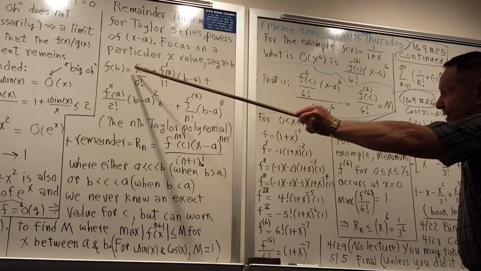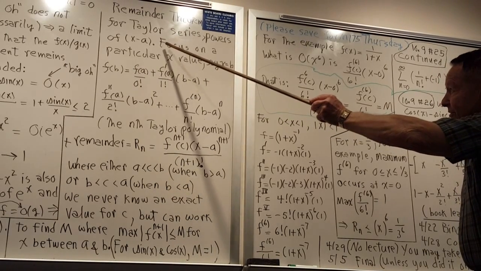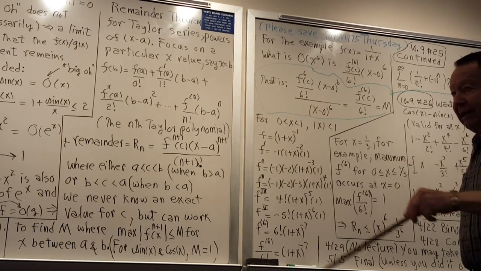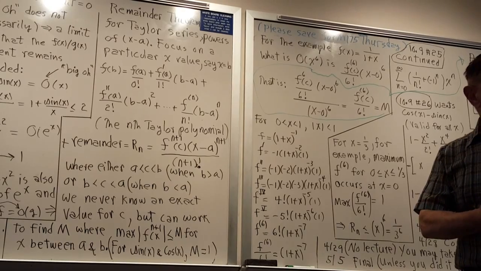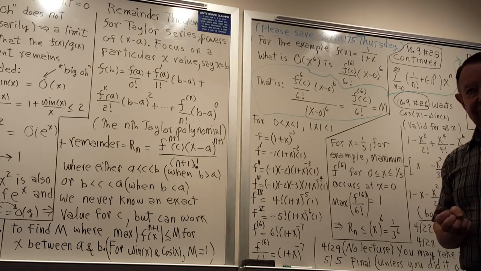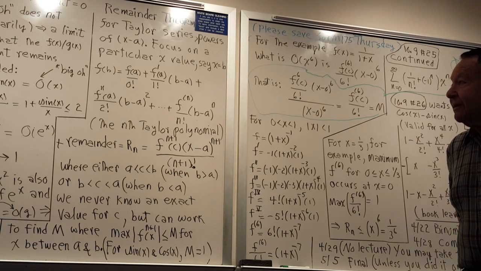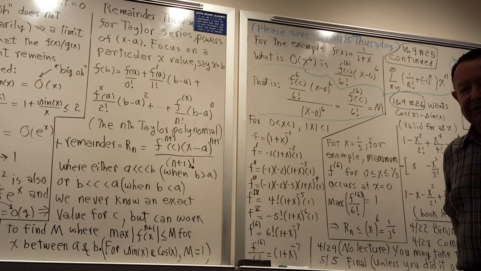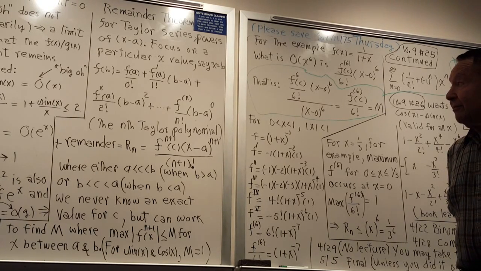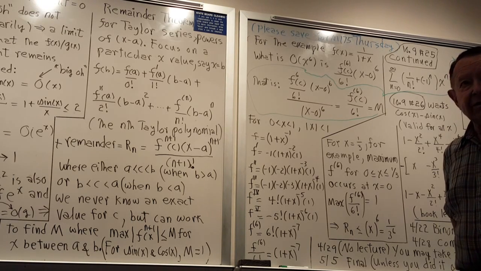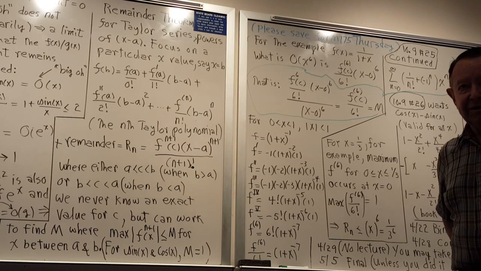So f of b is, and what you're using is the number a to evaluate your function and all the derivatives. So the a, if you were thinking of getting the Taylor series for sine or cosine, requires a value where you know exact values, if possible, so that you don't have any round-off error.